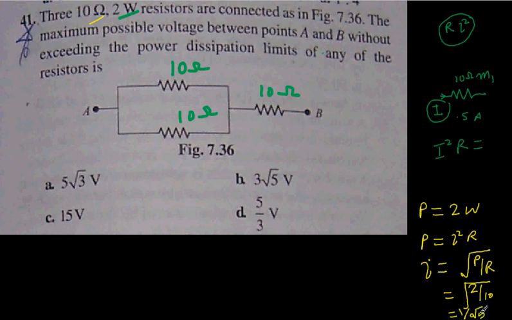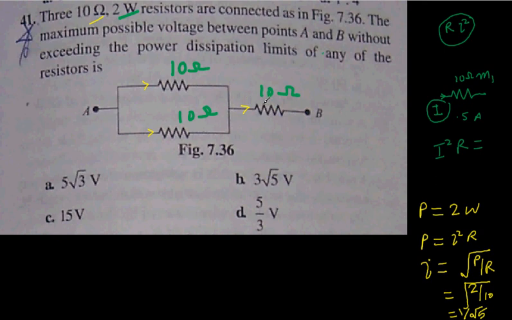Okay, so this is the specification. This is the maximum I this resistance can sustain. Here if we put I max 1 by root 5, then here also you will have I max 1 by root 5, so here you will get 2 times I max, and this resistor will get burned out.